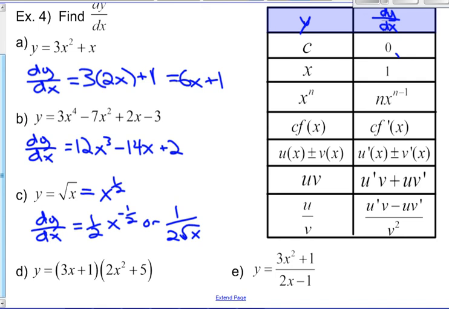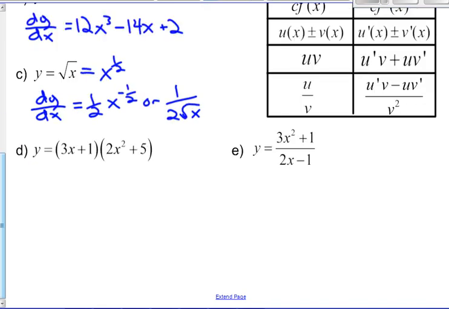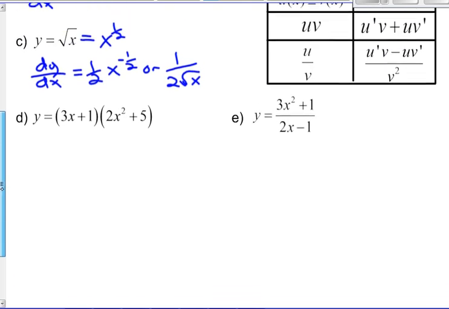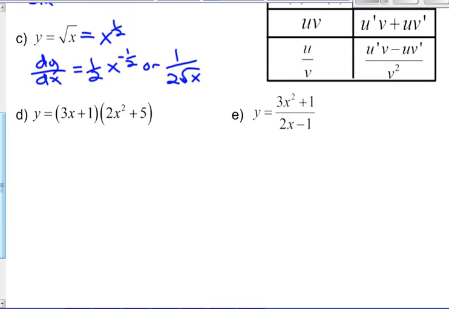Okay, D and E. These are product and quotient rule questions. So in D, you could just FOIL it out and then differentiate regularly. Let's get the practice in, though, for using the product rule. So here we have two things that are multiplied together, and they both have x's in them. That's when we use the product rule.